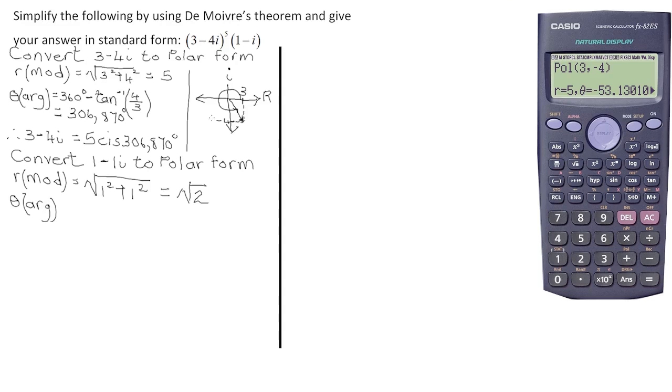We're going to use exactly the same diagram, because it's going to be positive 1, negative 1, but the quadrant is exactly the same, and that is what we are interested in. 360 degrees minus arc tan of 1 over 1, which will be 1, and you will get a nice answer there of 315 degrees.